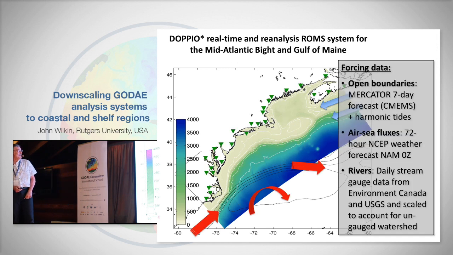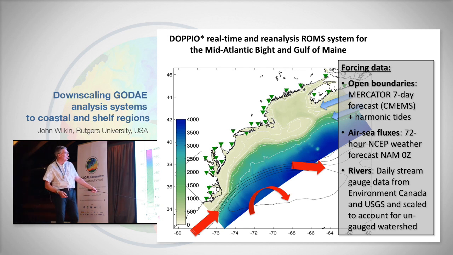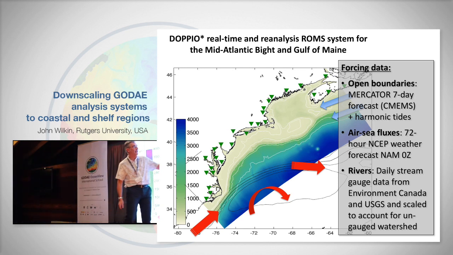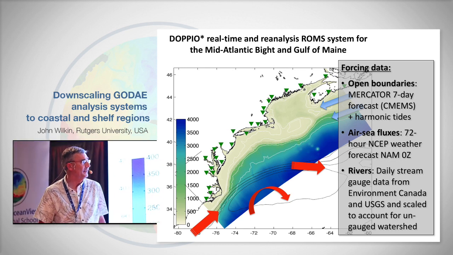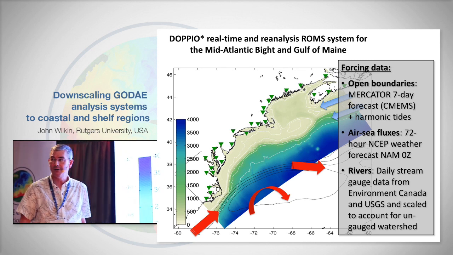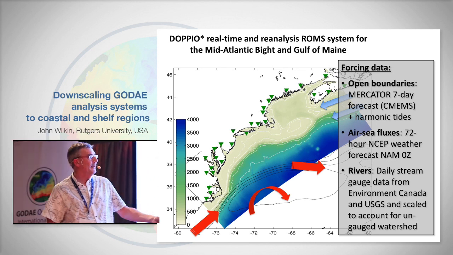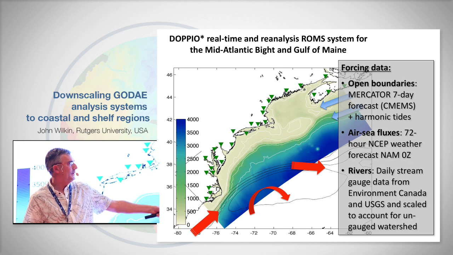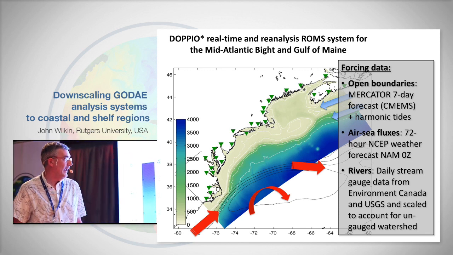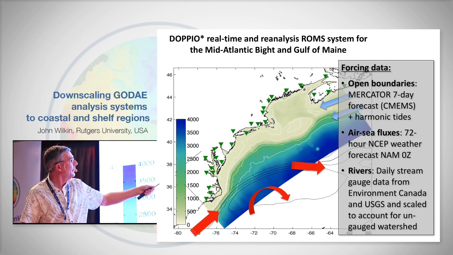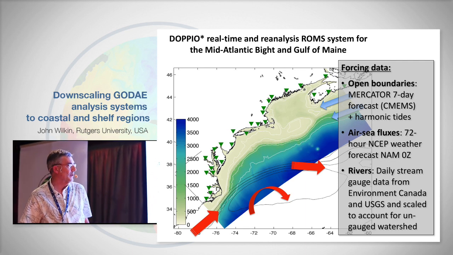So what do we have? We've got open boundary data that we take, in our current real-time version, from the Mercator 7-day forecast from Copernicus. We add harmonic tides to that, and I'm going to say some more about pre-processing of those data. We take the National Weather Service 72-hour forecast, NAM, the model, and we have river sources here, the little green triangles.